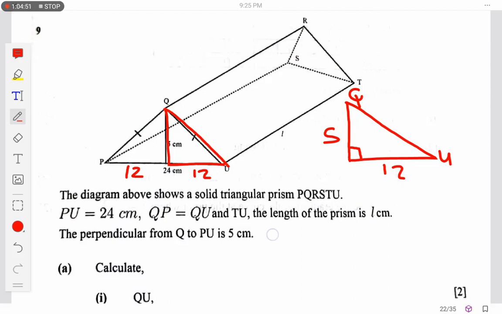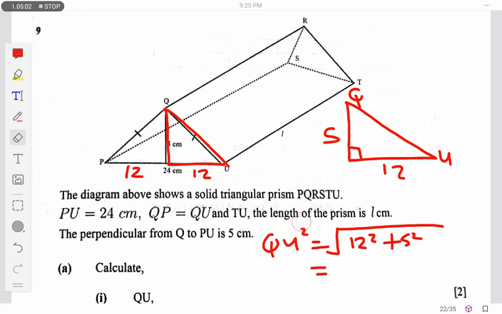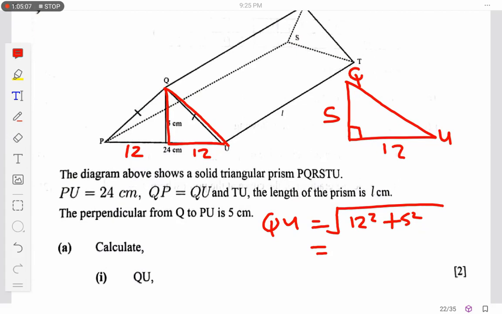So we are looking for QU. To get my QU, I can say QU is equal to the square root of 12 squared plus 5 squared. So this is going to be the square root of 12 squared, that's 144, plus 25.